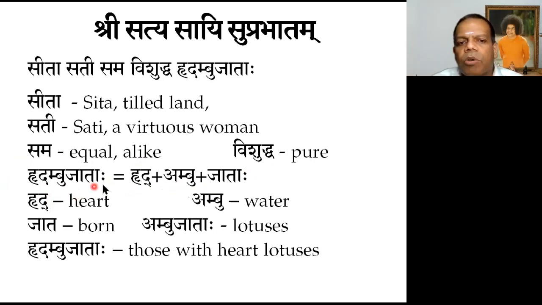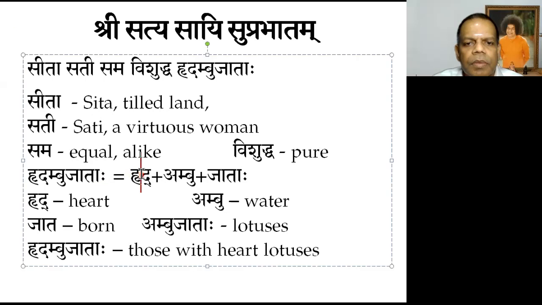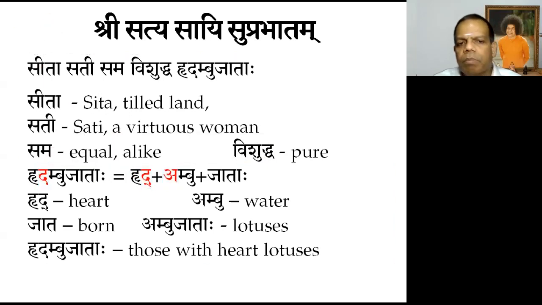You can say that Hrid and Ambu become Hridambu, it's a simple sandhi, but maybe I should highlight. So you see this d and a has become this da. Okay, Hridambu Jata.